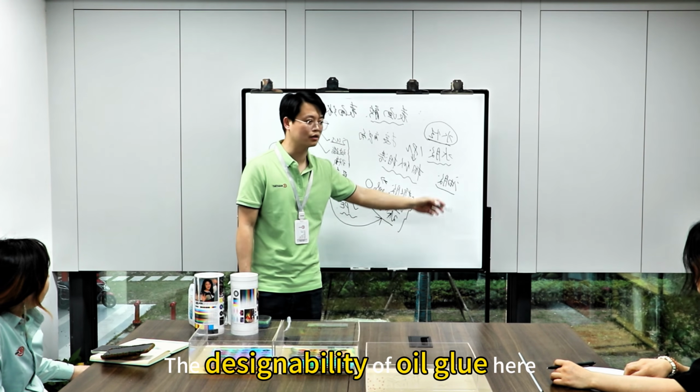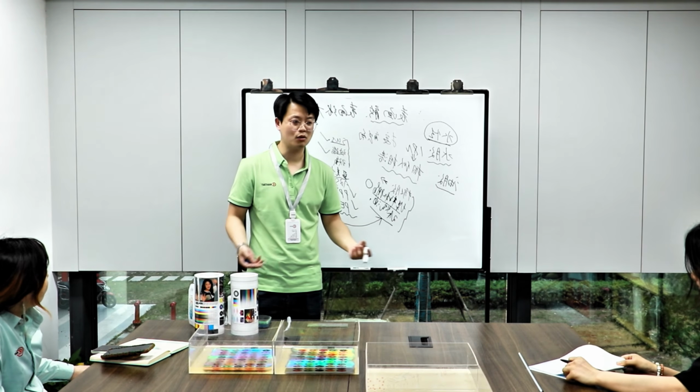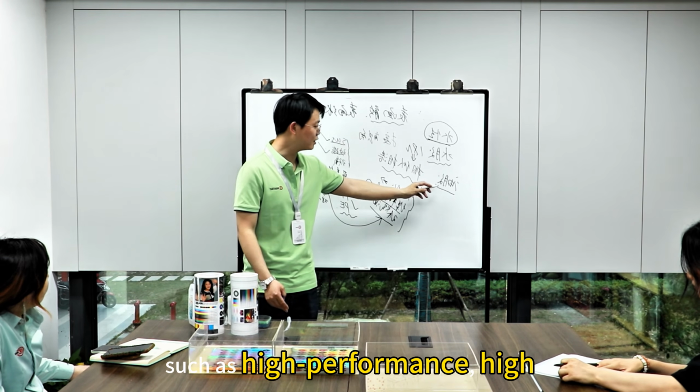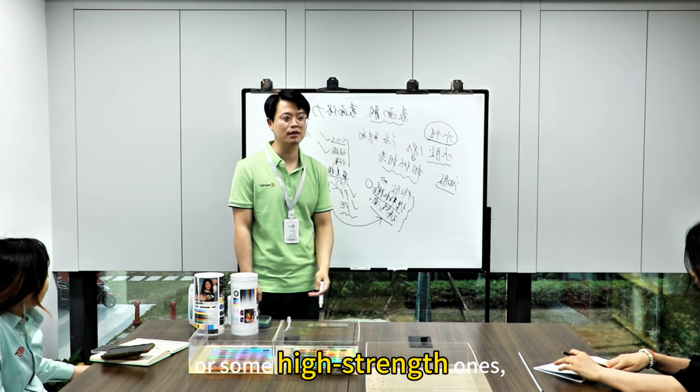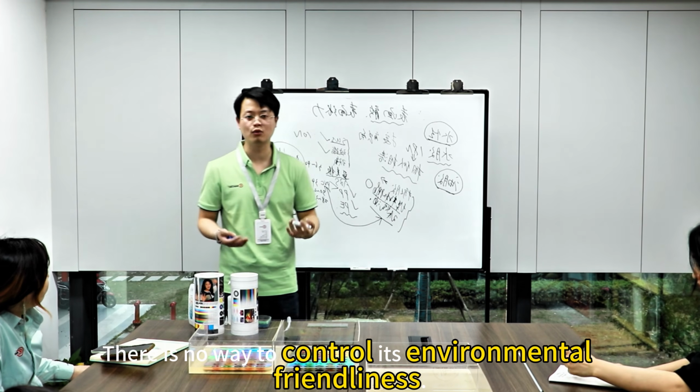The designability of oil glue has a relatively wide range. For high performance or high strength, you can only choose oil glue. There is no way to control its environmental friendliness.